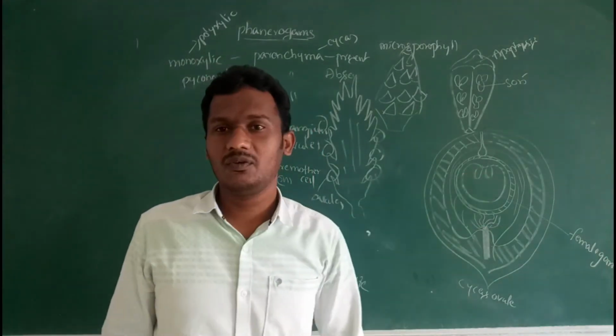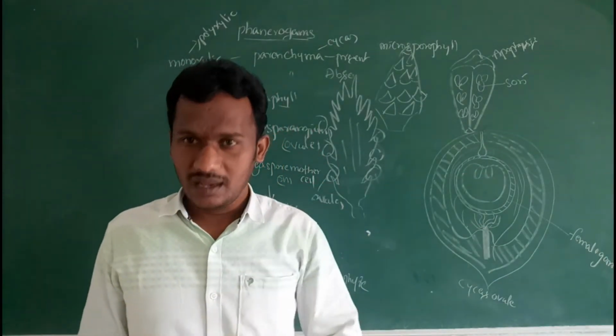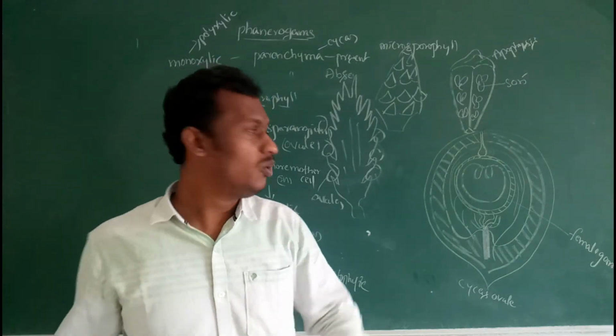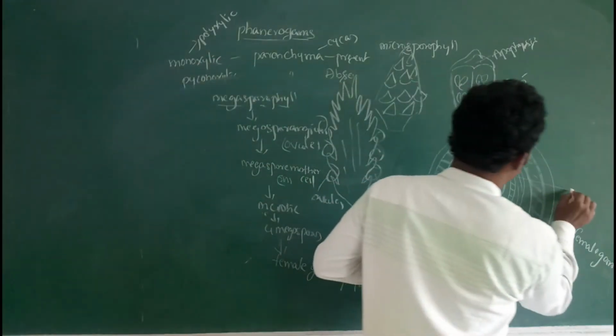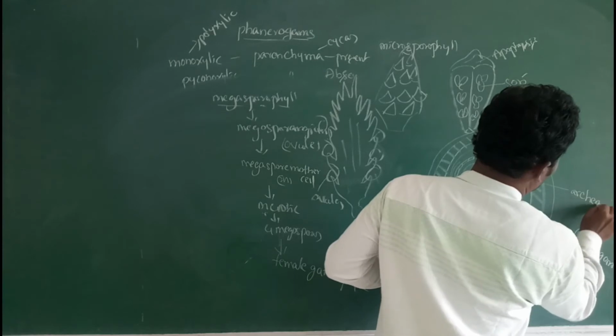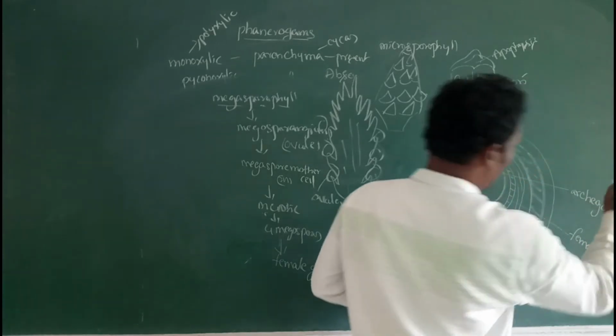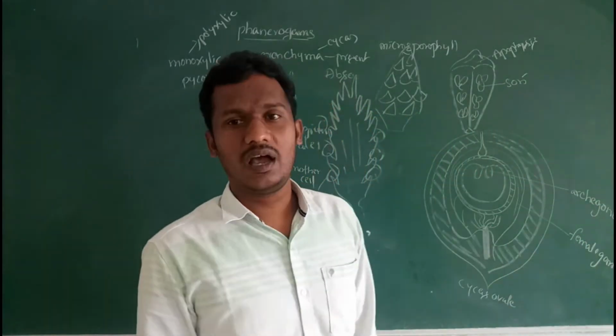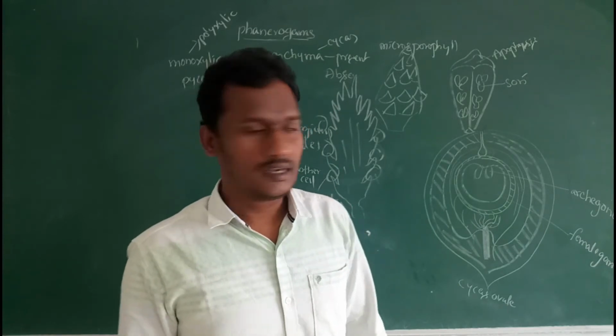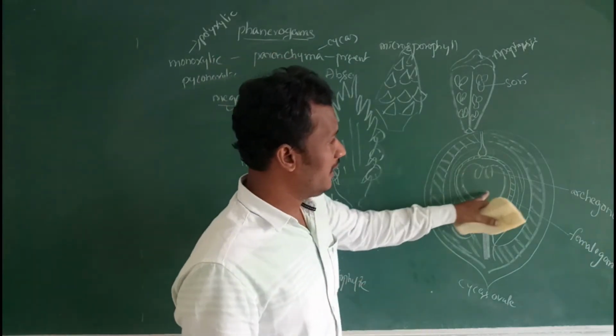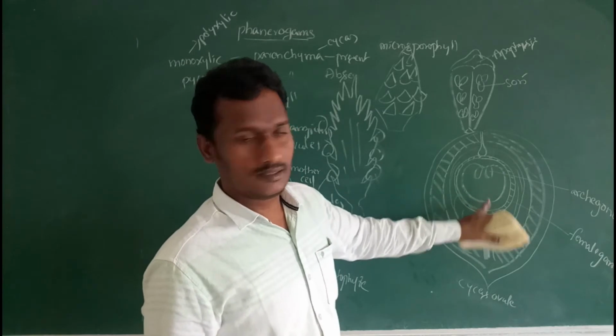In the female gametophyte, archegonia are present. Two or more archegonia are present. Here the nucellus is present.